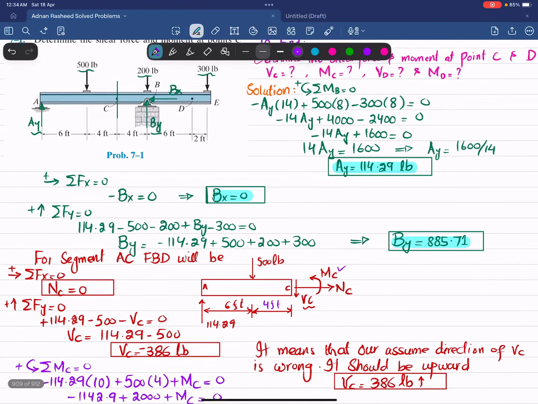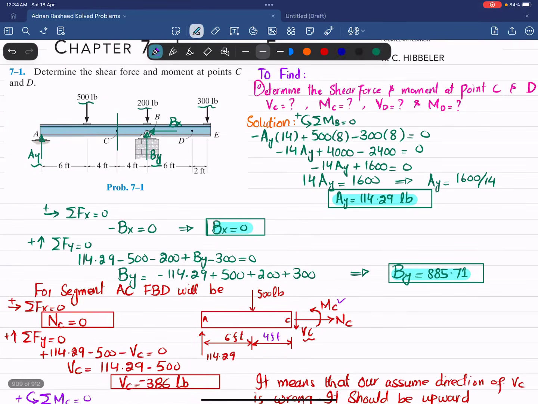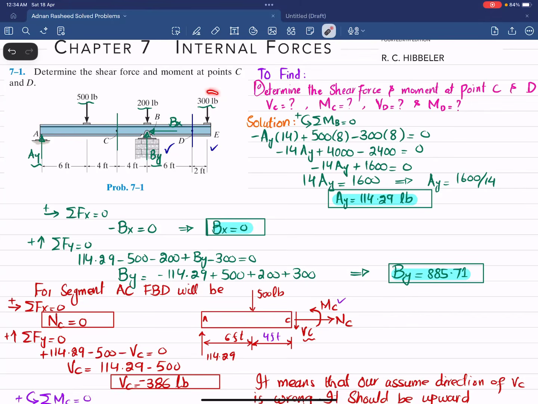Now we have been asked to find the internal moment at point D. So we will cut this beam at this point. Here we will have two sections, one is this one and the second one is this one. We are going to take this section because it will be easier to solve.